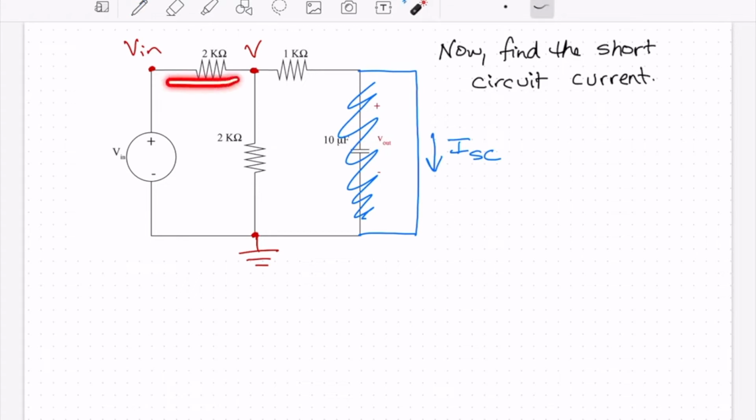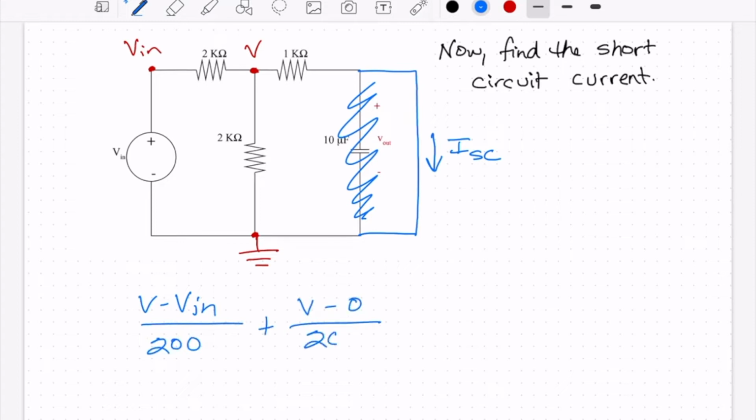V minus Vn over 2,000 plus V minus 0 over 2,000 plus V minus 0 over 1,000 equals 0. And Vn is known. And we solve for V.